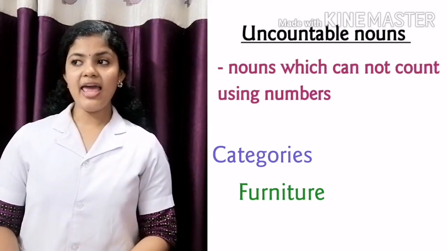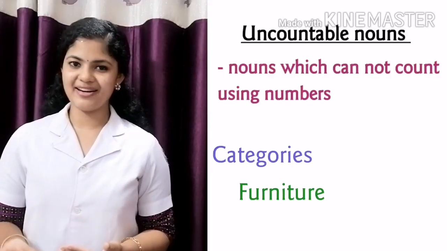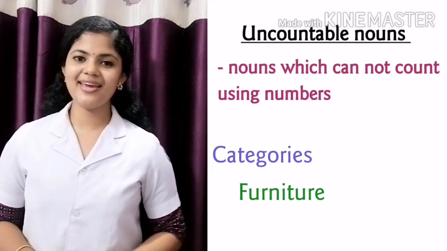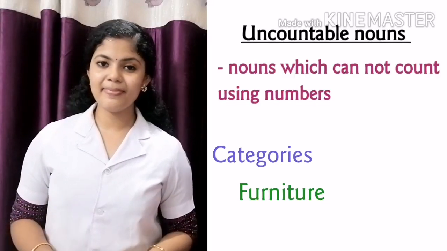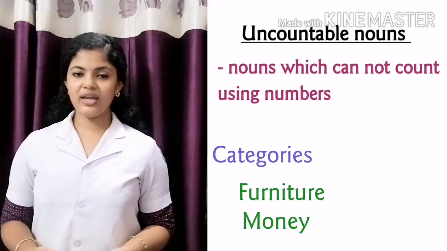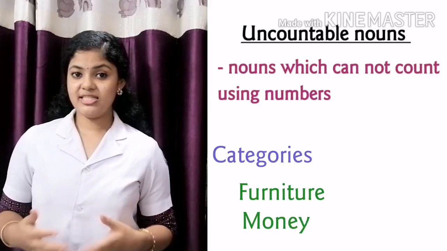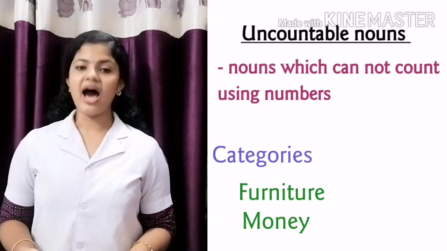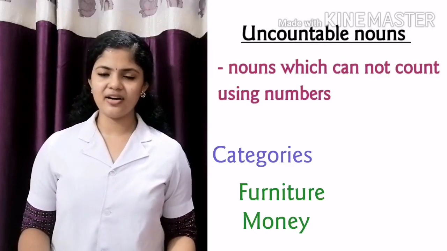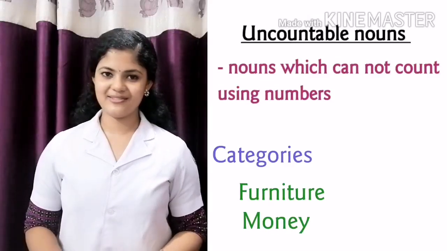We cannot say, I have 3 furniture. We cannot say, I have a furniture. But we can say, I have 2 chairs. I have 3 tables. Another noun is money. We cannot say, I have a money or I have 10 money. We can say, I have 5 coins. Like that. So some exceptions are there, but generally we cannot count these uncountable nouns.